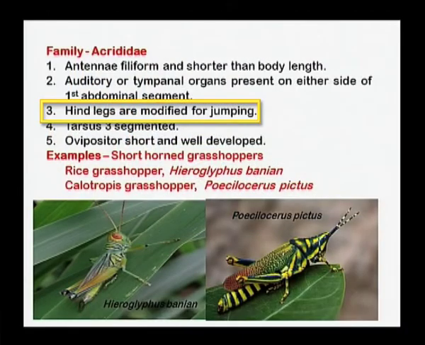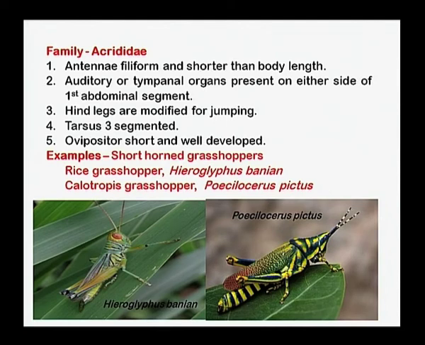Hind legs are developed and used for jumping. Tarsus is 3 segmented. It means the tarsus is divided into 3 parts. Ovipositor is short, but it is well developed. The most common examples include short horned grasshoppers and rice grasshoppers. These are the common examples of the family Acridiidae.